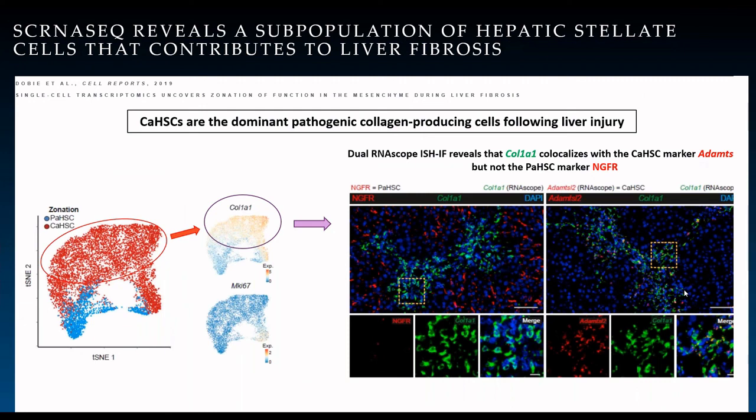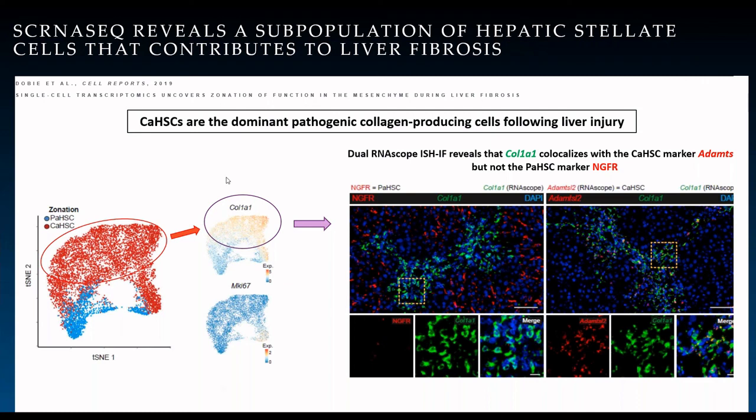Then we have another example where researchers use the RNAscope technology to validate single-cell RNA sequencing to study liver fibrosis. Liver fibrosis is accompanied by increased inflammation of the tissues, followed by excessive collagen production that leads to fibrosis.